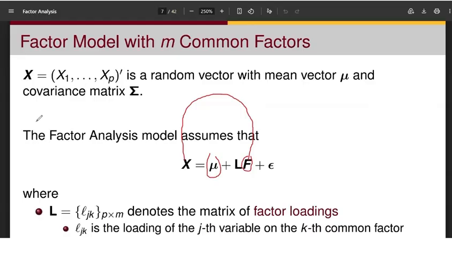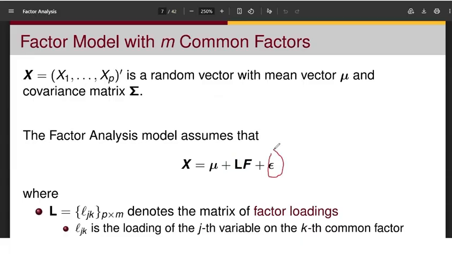And we take a look at this, and that is the loadings. The loadings tell me the contribution of the factor to the variable. And of course, I'm going to have an error.